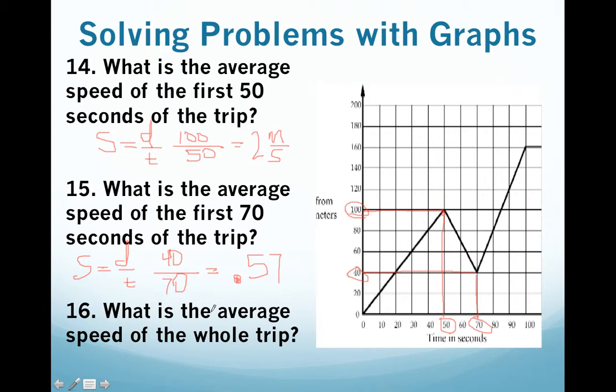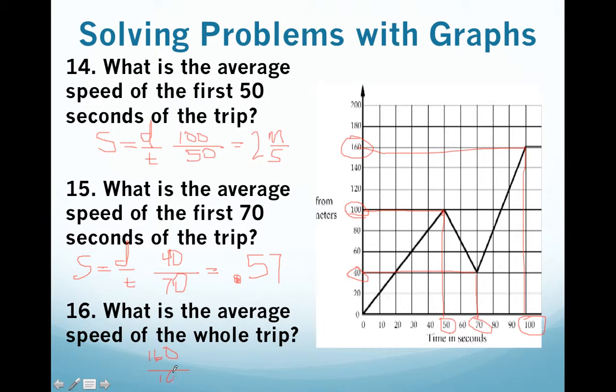Okay? And on here, what is the average speed for the whole trip? Well, this whole trip traveled 100 seconds, and going up to the very top, it traveled 160 meters. So again, we're going to take the 160 meters and divide it by 100.